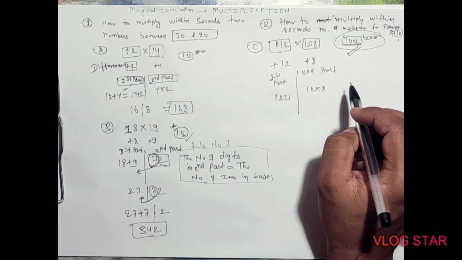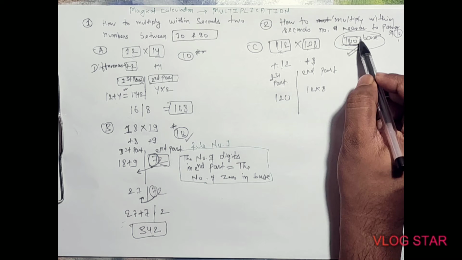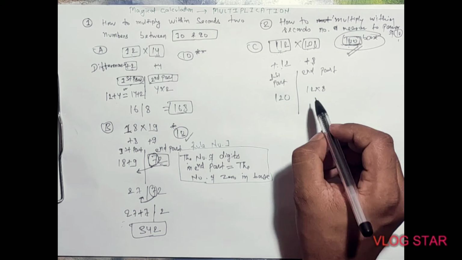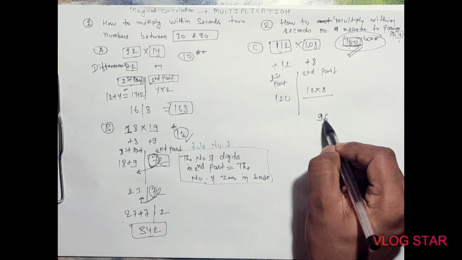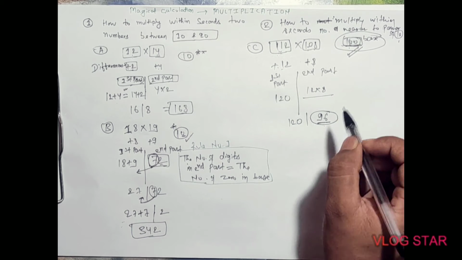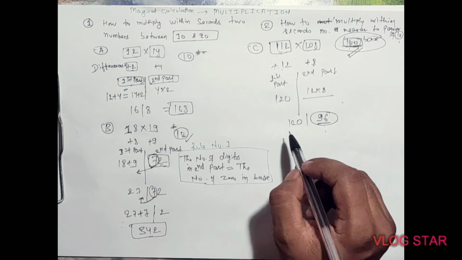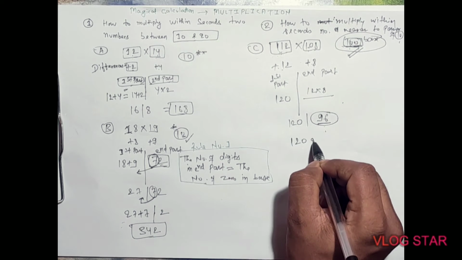Here the number of 0s in our base is 2. 12 times 8 is 96, here is 120. Here the number of digits is 2, the number of 0s in the base is 2, so rule number 1 is satisfied. So our answer will be 12096.